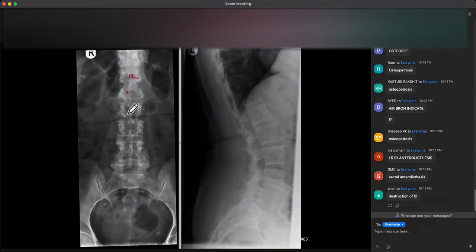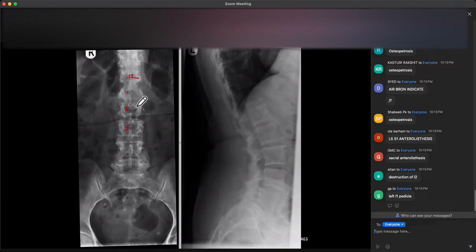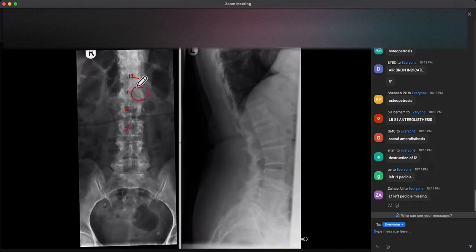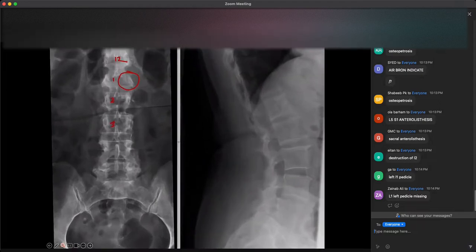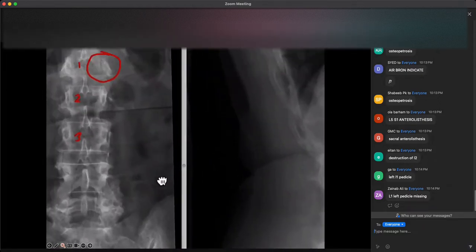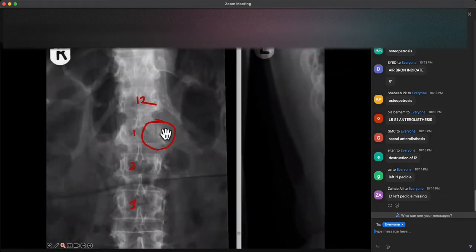There's L1, L2, L3. Can you see the pedicles on either side? It's missing on the left-hand side. So we've got a missing pedicle just there. And that missing pedicle means that we've got a malignant destruction of that pedicle.